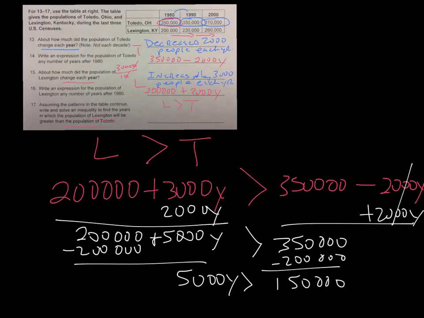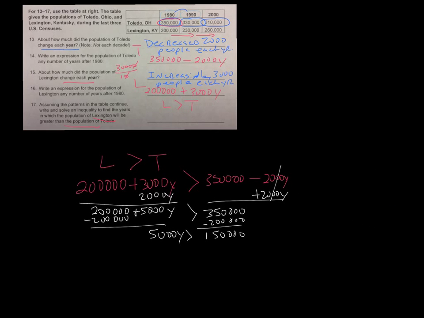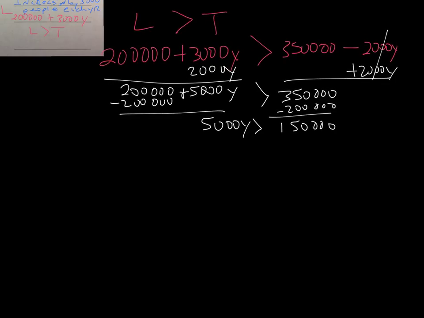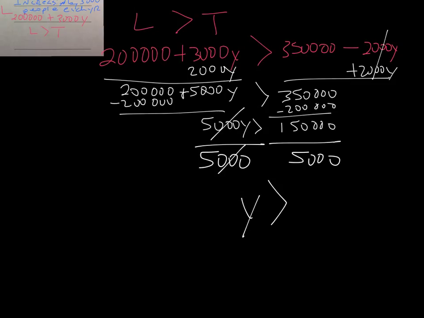Now, I'm going to minimize that a little bit so I have more room to work. All right, so now I'm simply going to divide both sides by 5,000. Years is greater than, well, let's mark out some zeros there. 150 divided by 5 is 30. So in 30 years, so basically the 31st year, Lexington will have more than Toledo.